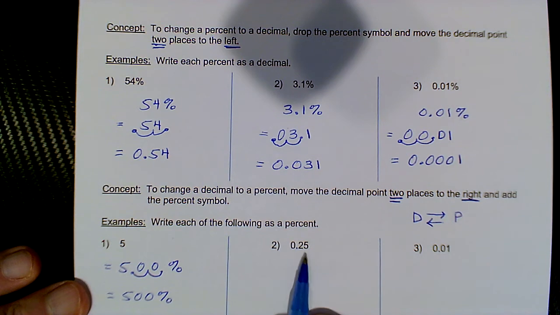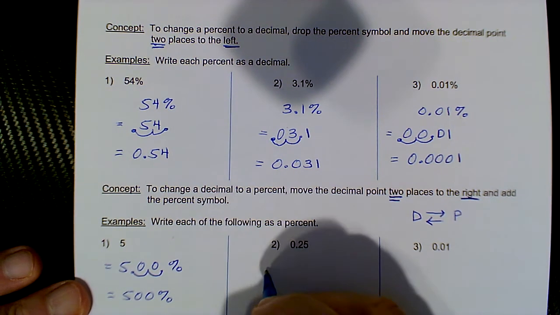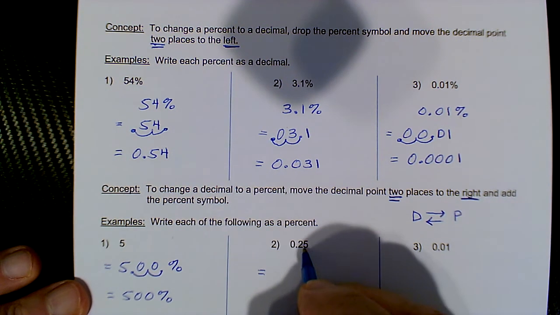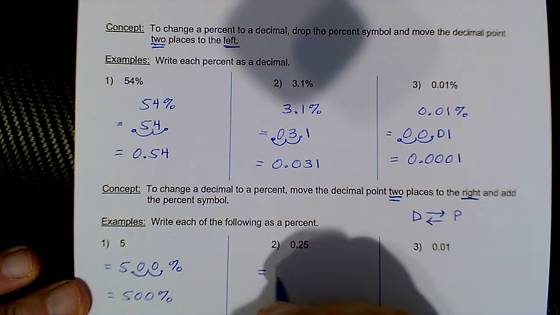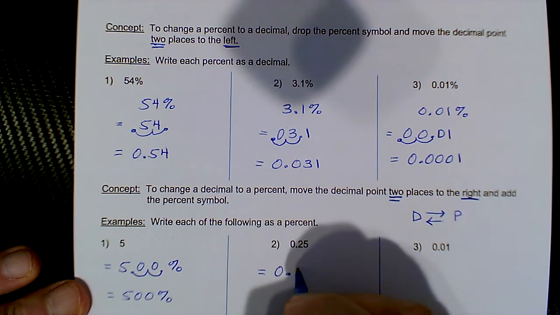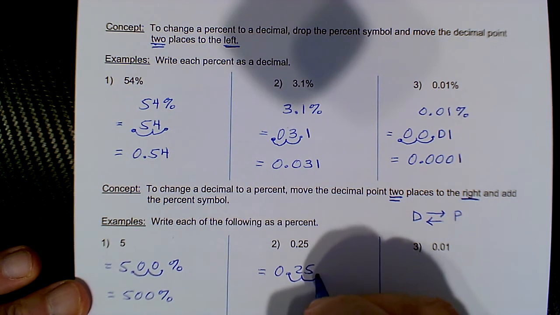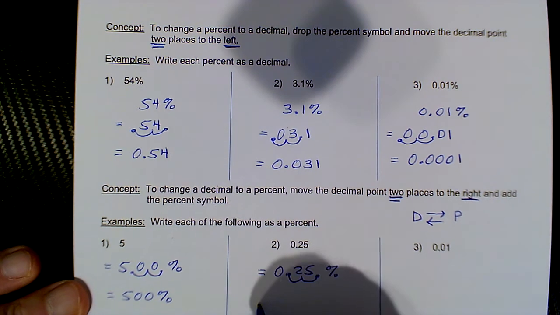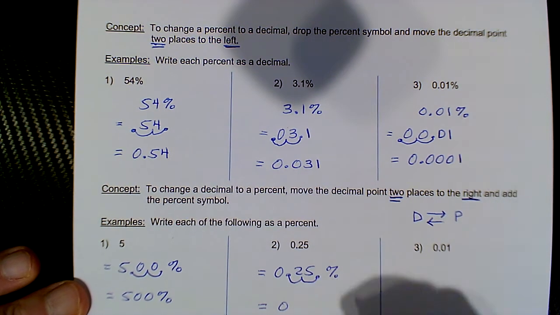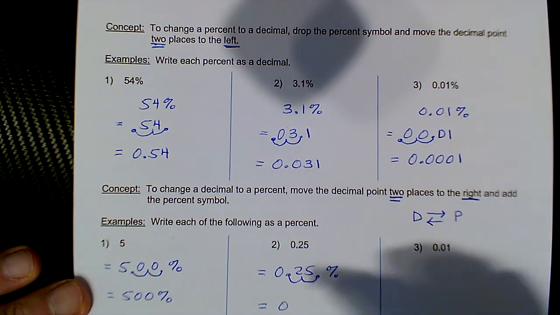0.25. Some of these you can almost do by inspection. These are kind of easy ones, and some percentages that are common, but to show it formally, 0.25, 2 places to the right, add the percent symbol, make it look cleaner, and we have 25%.